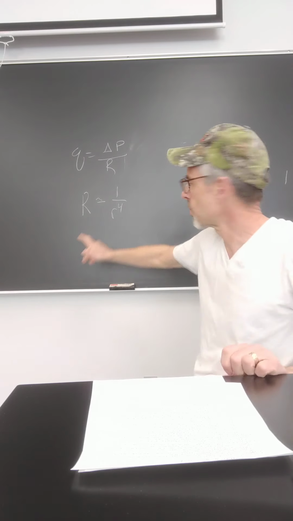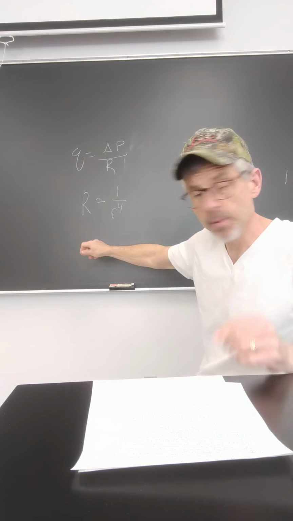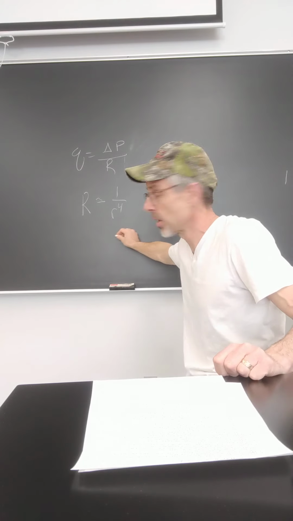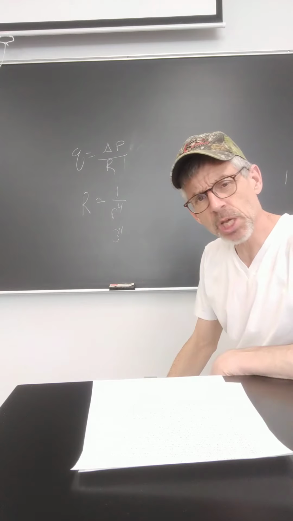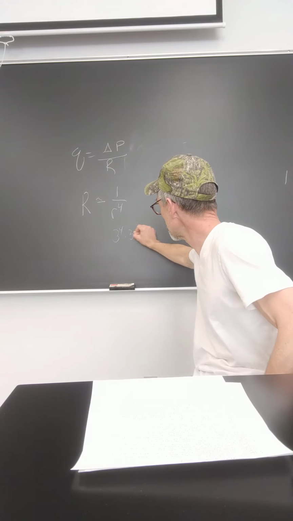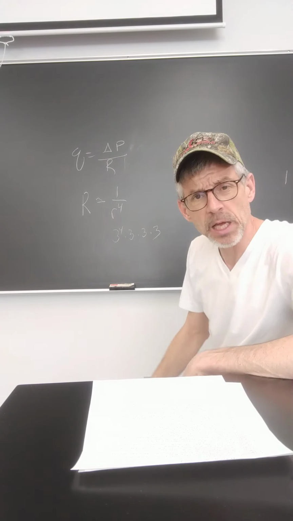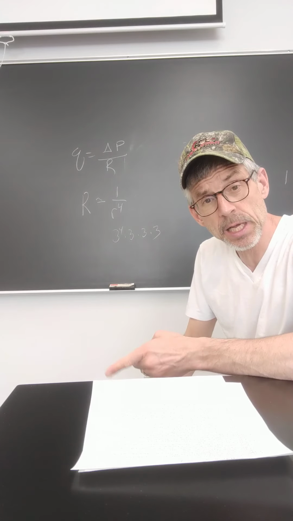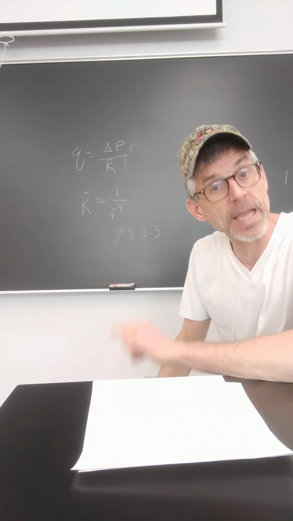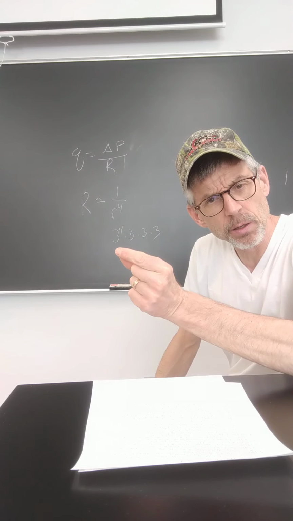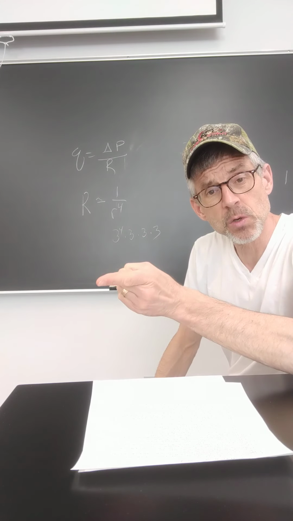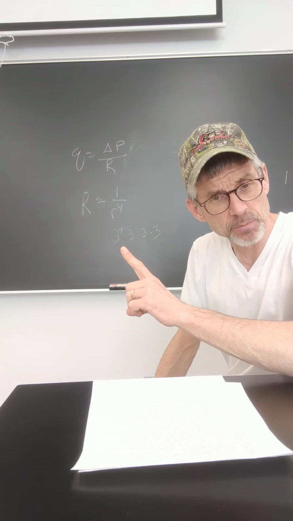Resistance is proportional to 1 over radius to the 4th power. This time we're talking about 3 to the 4th power. The resistance change is 3 times 3 times 3 times 3. 3 times 3 is 9, times 3 is 27, times 3 is 81. If a vessel becomes 3 times smaller, the resistance goes up 81 times.